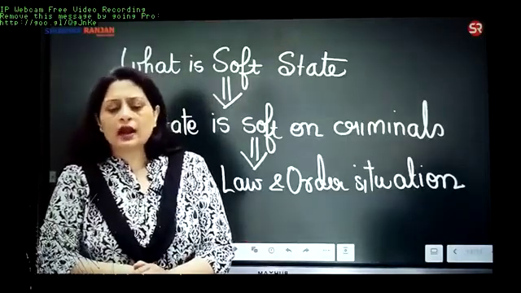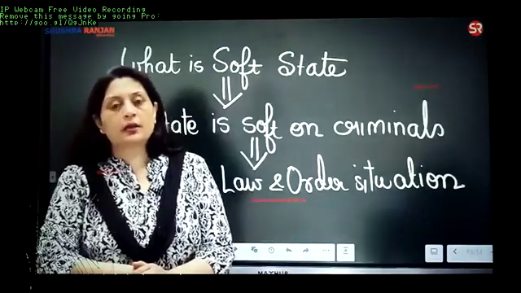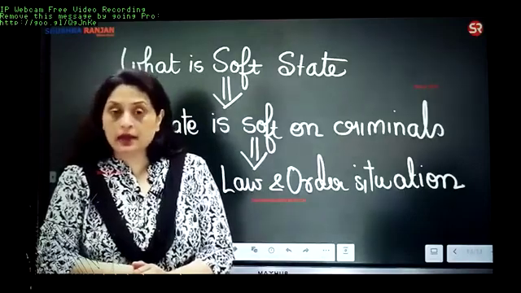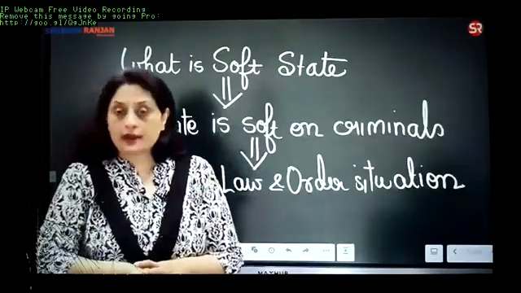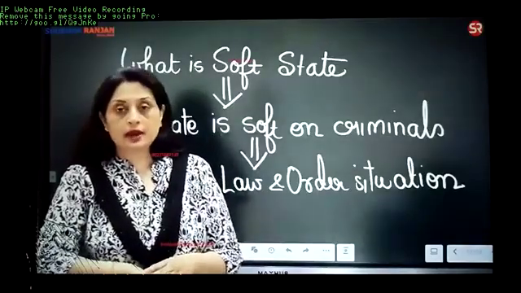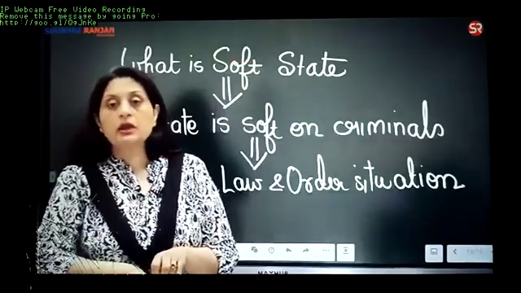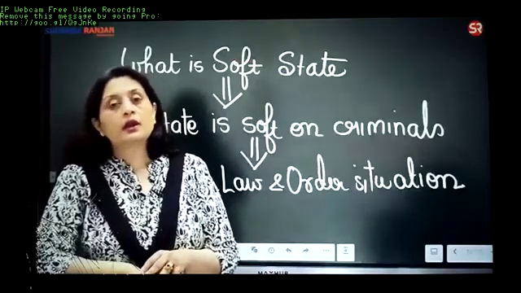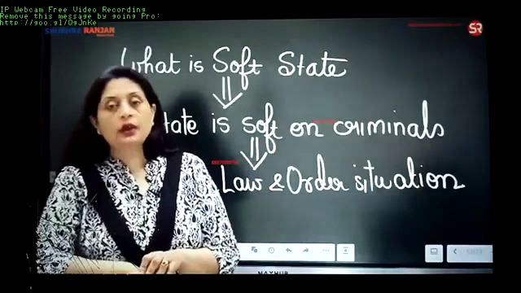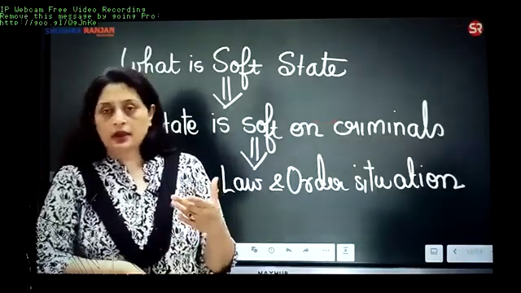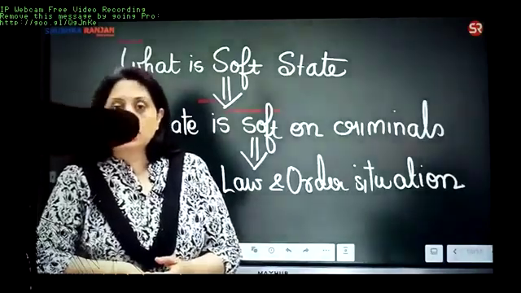And unfortunately, if we see the profile of parliamentarians at present, around 43% or 46% of the MPs have criminal background or have been accused of criminal background, means around half of the Indian parliament consists of persons coming from criminal background. You can just imagine the nature of a state. You yourself can imagine the law and order situation.